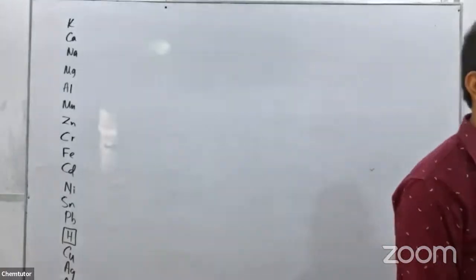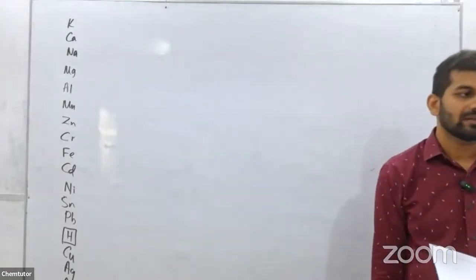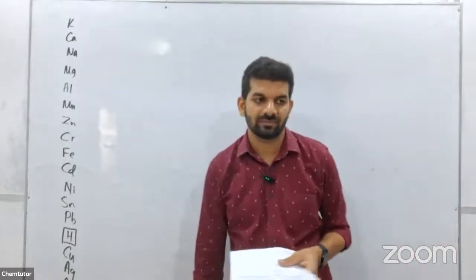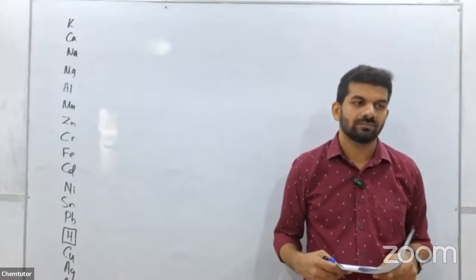Then you can say it cannot be lead because lead gives a white precipitate in group 1 cation analysis.